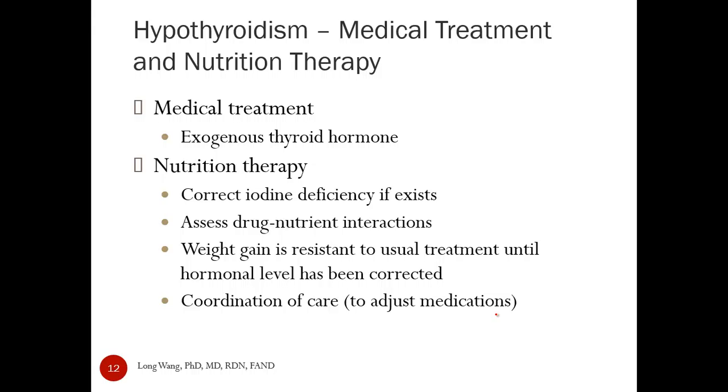Obviously, the deficiency itself could lead to hypothyroidism, and if deficiency does exist, we need to correct it for sure. And because patients will take a lot of medications, and remember, some medications may cause hypothyroidism, we need to keep in mind that we have to assess drug-nutrient interactions.